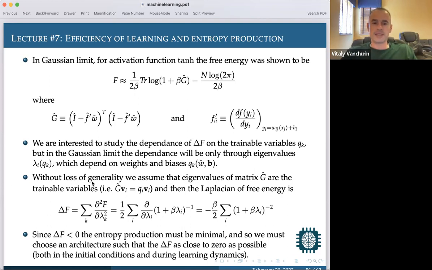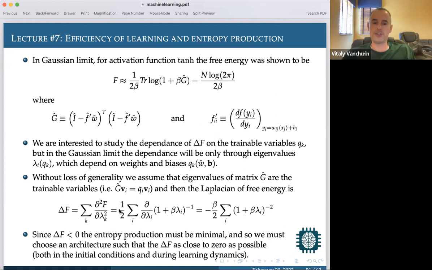All right, so if that's the case, if we just assume that the eigenvalues are what we are training for, then we can easily find the Laplacian, because first of all, the trace is just the sum of the eigenvalues of this matrix. Now, the eigenvalues of this matrix are nothing but the sum over all eigenvalues of the expression log(1 minus beta lambda_i), and then all you have to do is differentiate it twice.